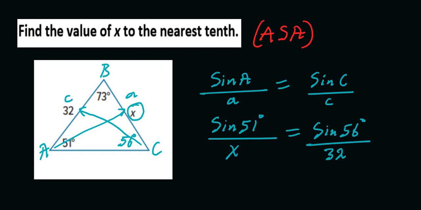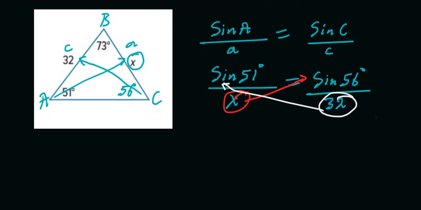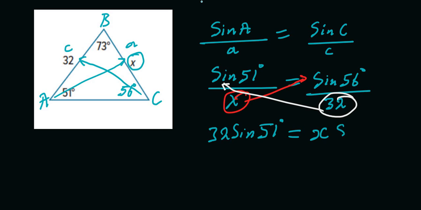All right, so now we can cross multiply, use this to multiply this, and this to multiply this. So when you do that, the equation becomes 32 sine 51 degrees equals x sine 56 degrees.